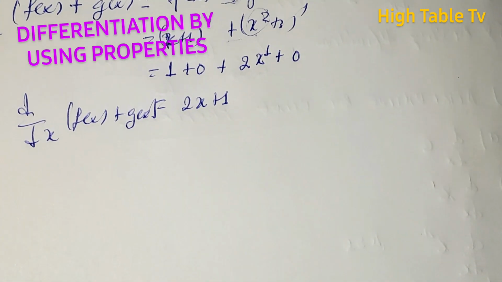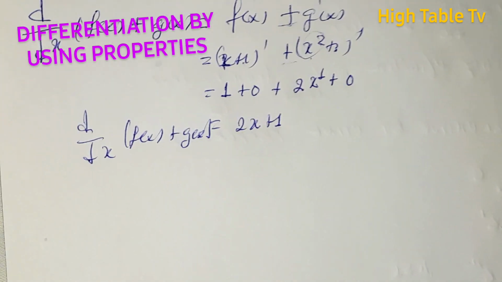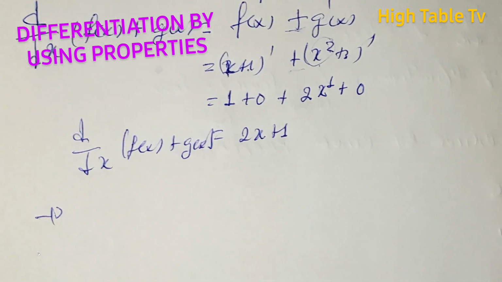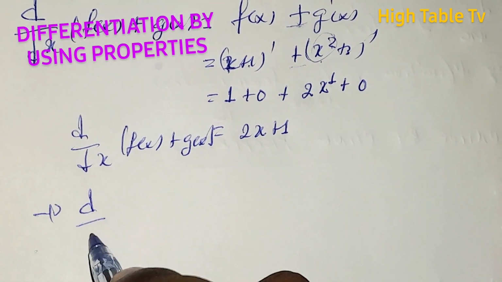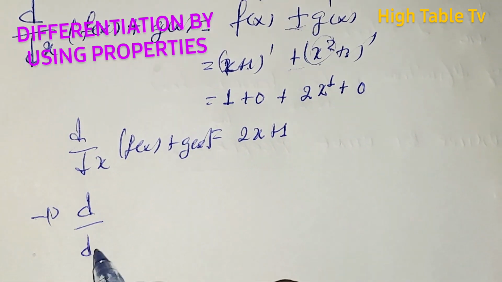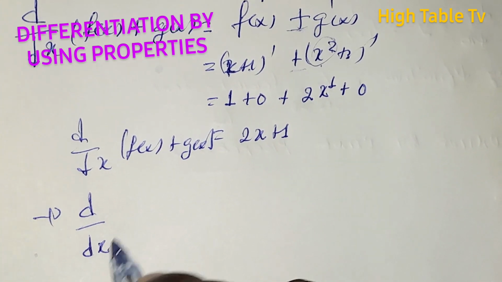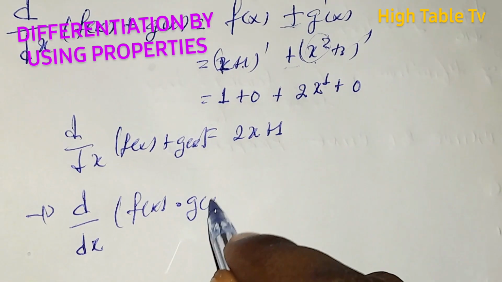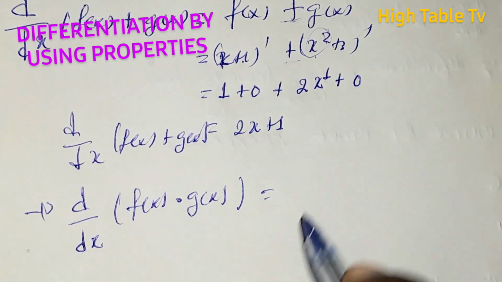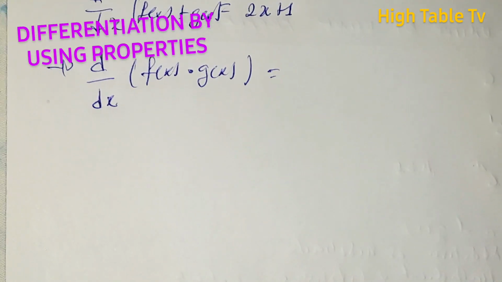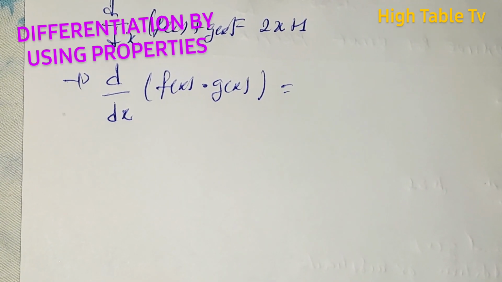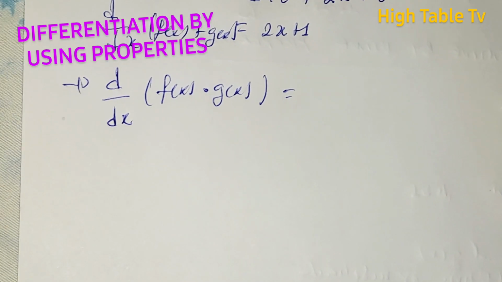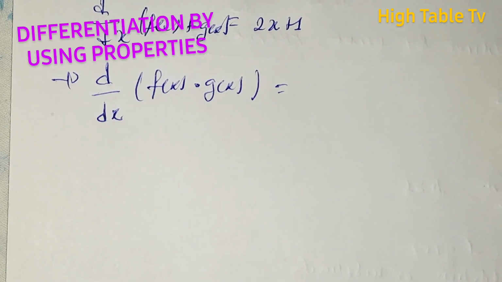So the last property for today is about when you have two functions and you need to make the multiplication. For example, if we have f(x) times g(x), this one will be long, so I need to introduce it, and next time we can take the derivative of multiplication and even division.